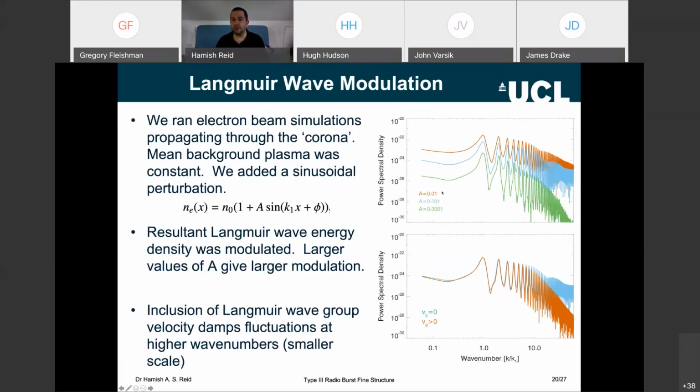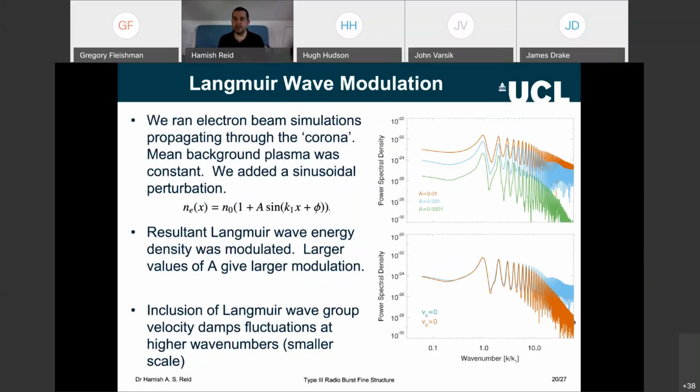But the bottom plot shows you that with a group velocity of 0, you get a lot of power density spectra at the small length scales, or the large wave numbers. But when you switch on the group velocity, the fine structure at the small scales decreases significantly. This is because the Langmuir waves are smeared out in space due to moving as a function of distance.